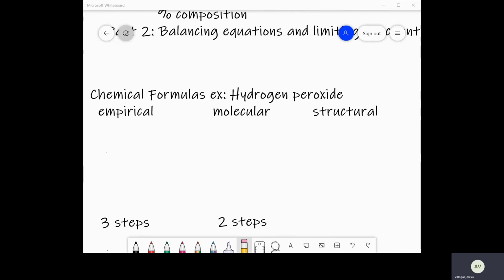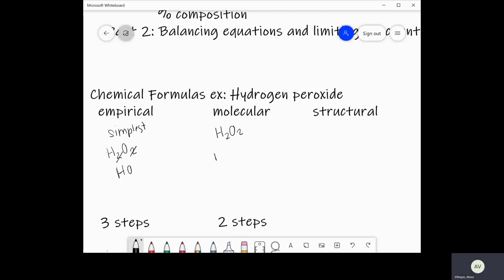The empirical formula is going to be our simplest notation. It is going to have the smallest whole number ratio between the elements in your compound. So for this, I can reduce and represent it that way. In molecular formula, you show the actual number of atoms involved.